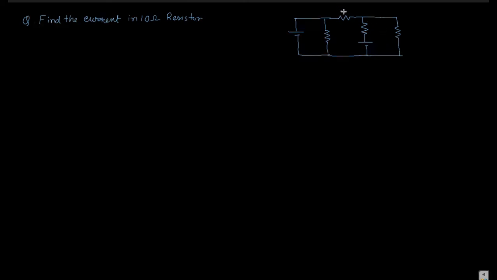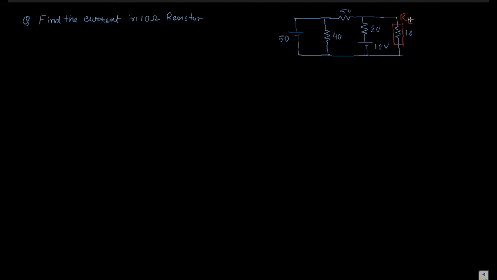This is the 50 ohm, this is the 20 ohm, this is 40 ohm, this is 10 volt, this is 10 ohm, and this is 50 volt. Find the current through the 10 ohm resistor, which is nothing but the load resistor RL. So you have to find the current through RL.